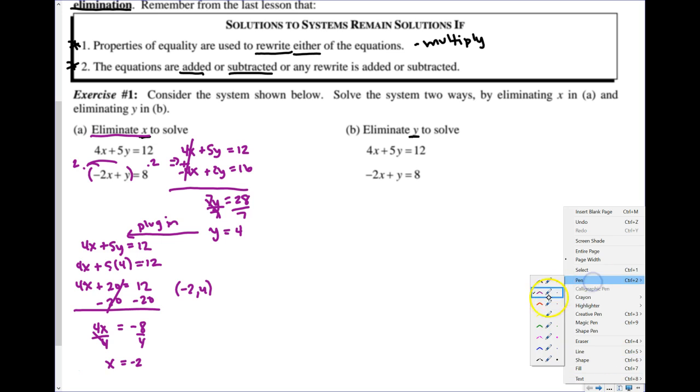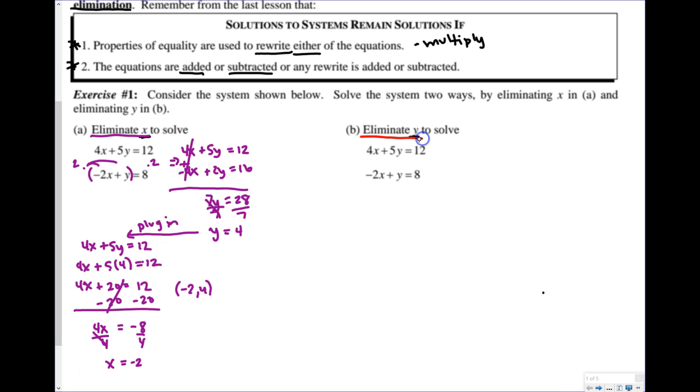The second time it wants me to eliminate y first. So now I'm going to look at this column. To eliminate y, I need to have a 5 and a negative 5. So to get a negative 5, I'm going to multiply the bottom equation by negative 5. That gives me opposite coefficients. I keep my top equation the same, 4x plus 5y equals 12, but the bottom equation becomes 10x minus 5y equals negative 40.